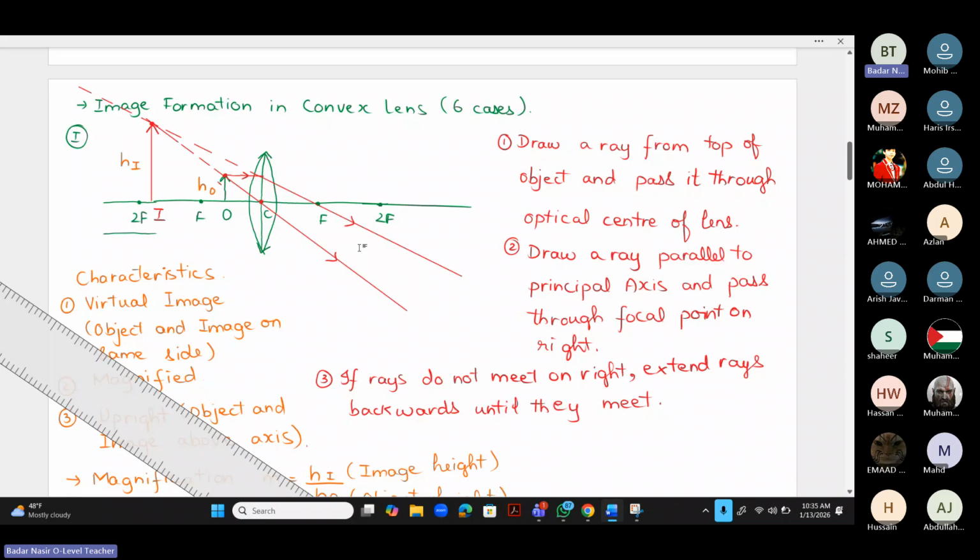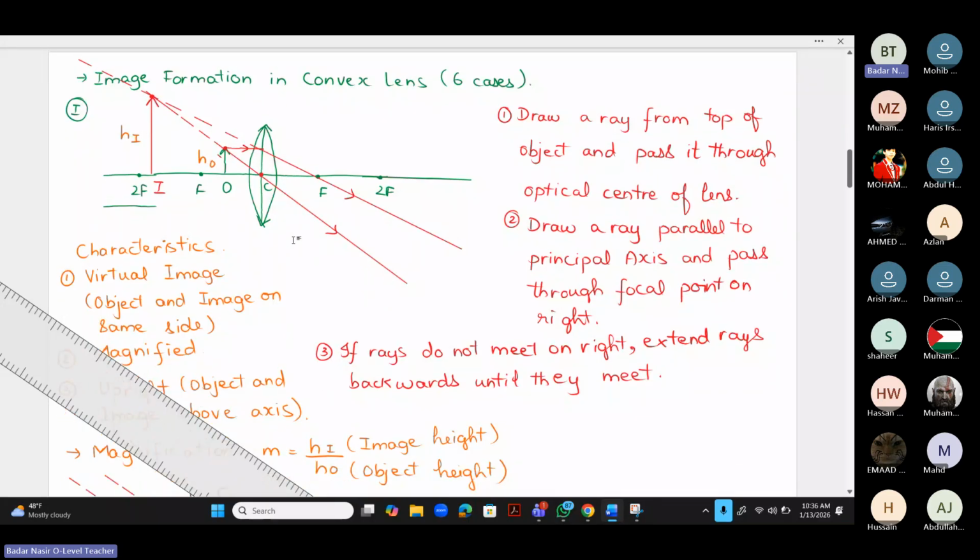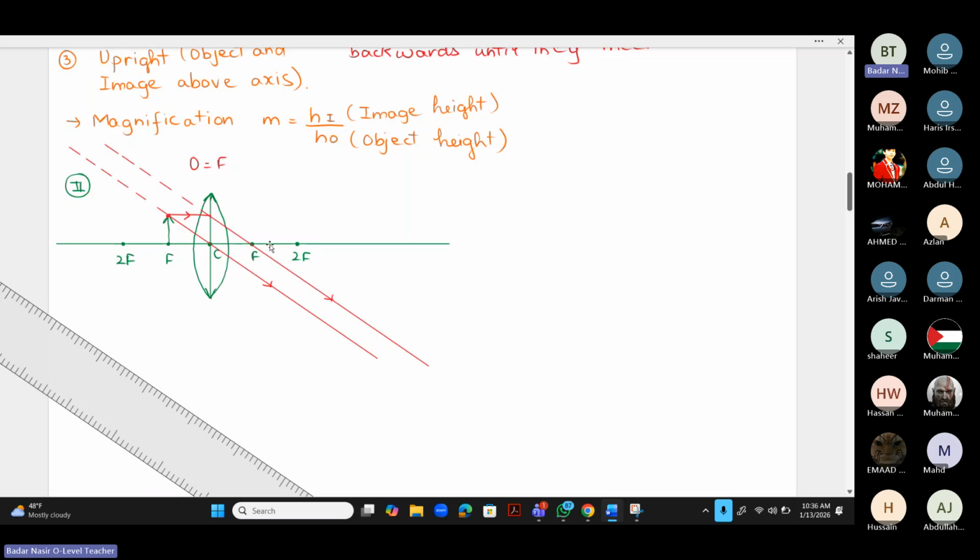If they do not converge on the right, then extend these rays backward such that the point where they meet is the image point. Now if I have placed the object at the focal point and followed the same instructions, the rays just become parallel. Since the rays just become parallel, if I extend these rays in the backward direction as well, they are never going to meet.